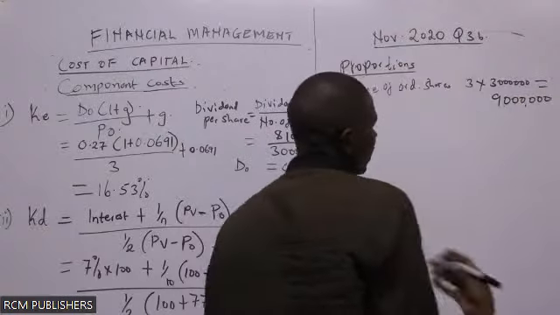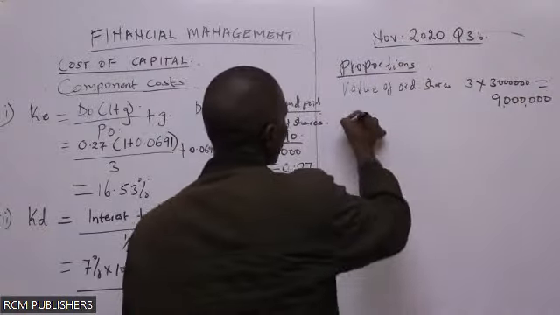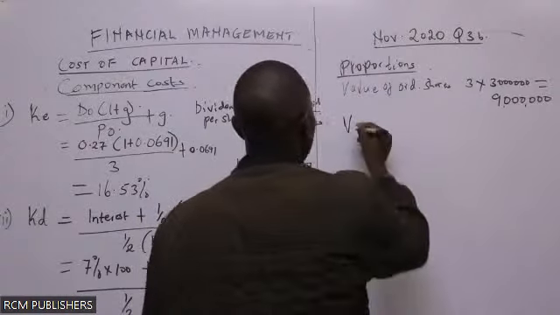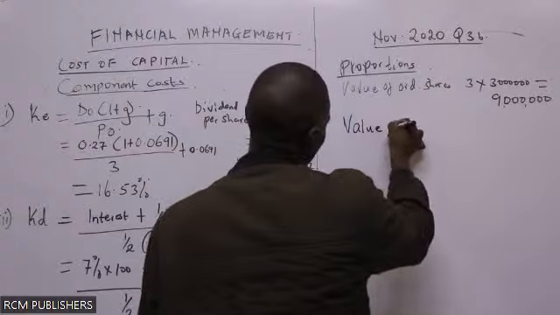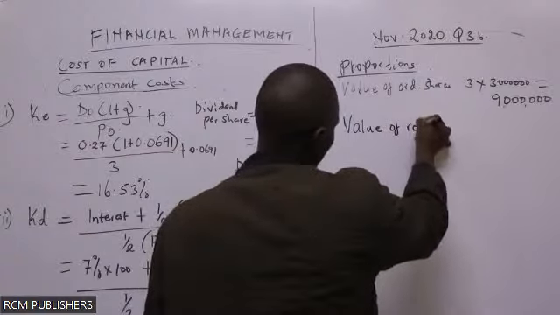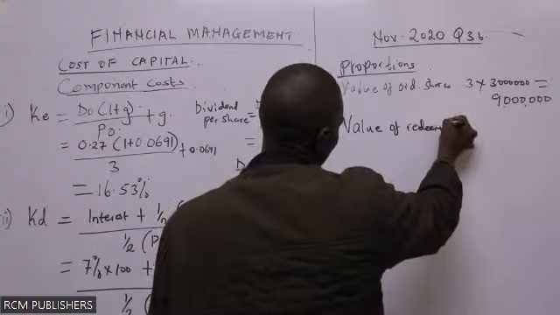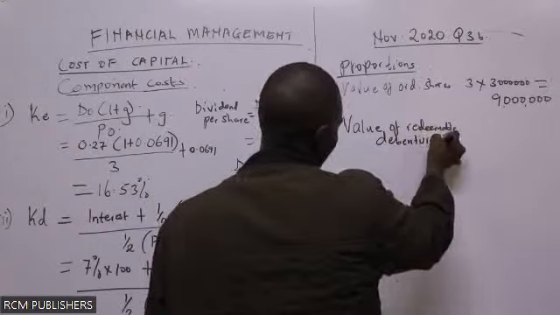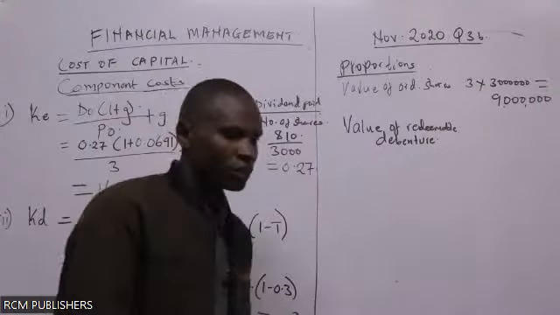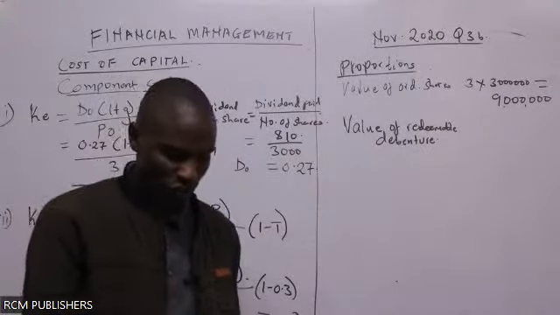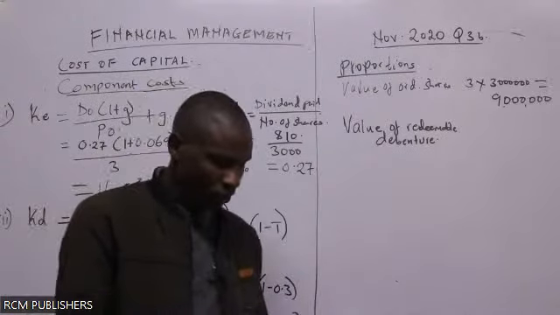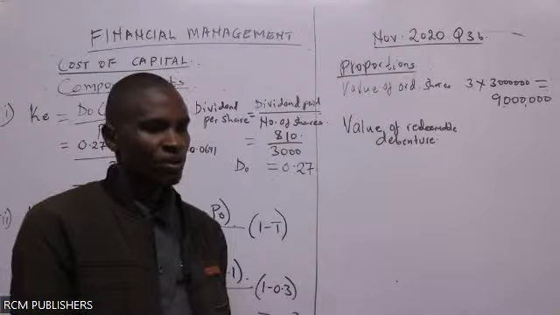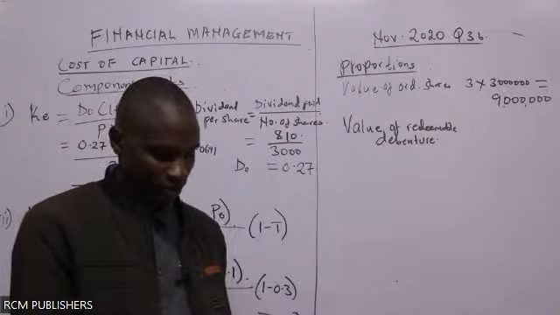From there, I need to get the value of the debt, the redeemable debenture. So how do I get the value of this debenture? I saw that there was a small change there. I can see I have a par value of 100.